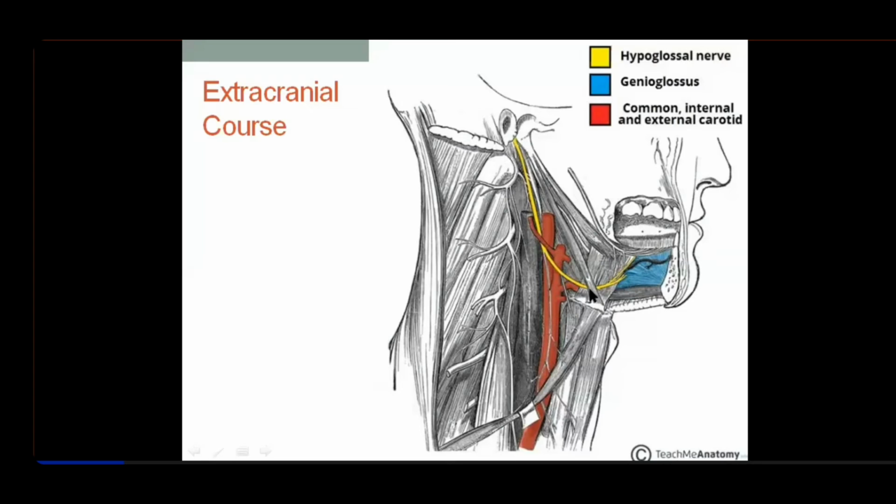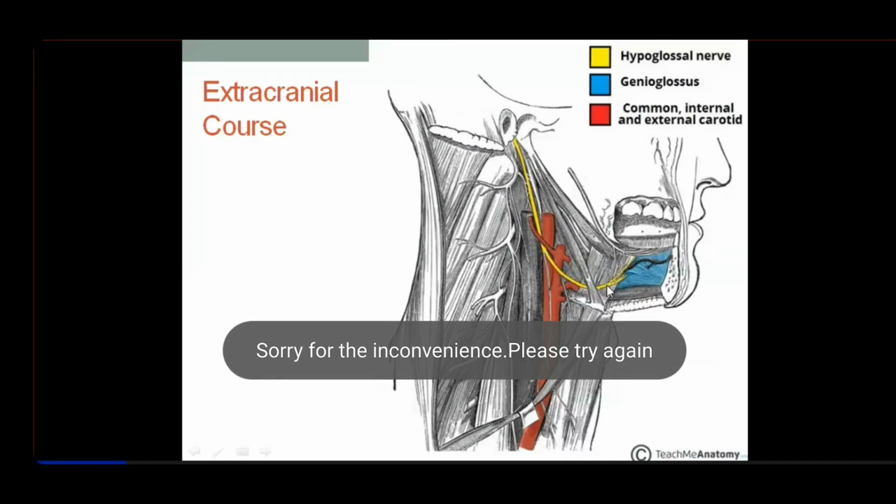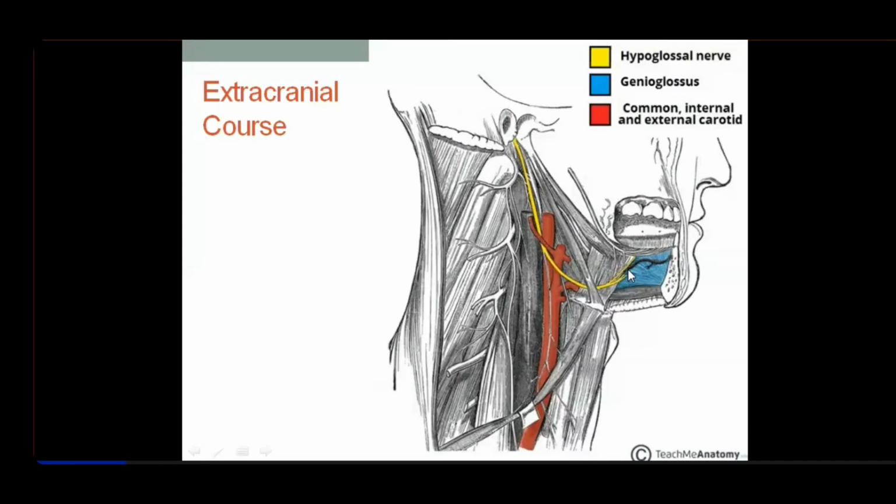So after that, now you can see it reaching here, this is thyrohyoid ligament and muscle, and passing deeper to that, now it reaches into the submandibular region where it rests over this muscle, Hyoglossus. So it rests over hyoglossus and it supplies the muscles of the tongue, extrinsic muscles and intrinsic muscles. So obviously it's resting on hyoglossus.